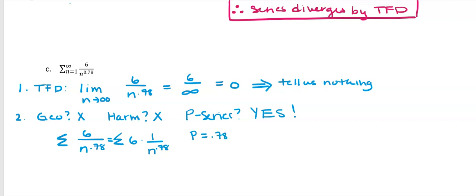So let's run through the idea of the p-series. Do we have a p-series? We sure do. What is our p-value? Our p-value is 0.78. 0.78 is less than or equal to 1. And so because 0.78 is less than or equal to 1, we know that this is going to diverge.